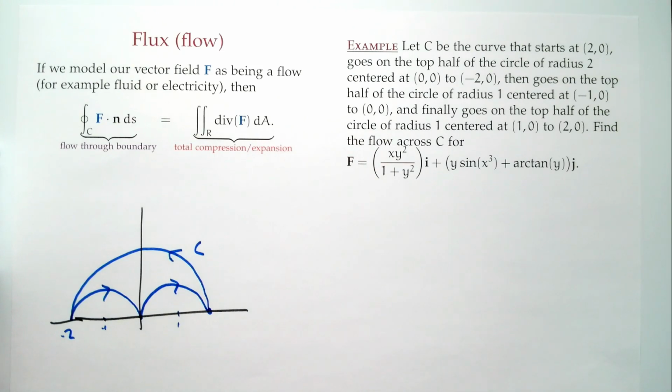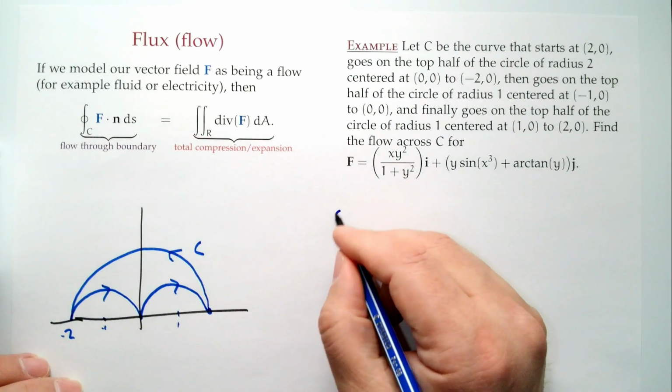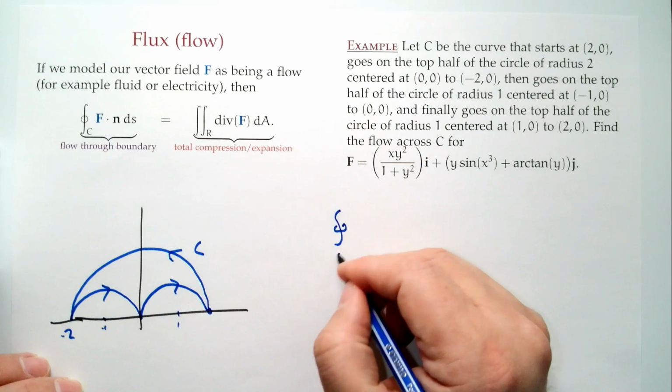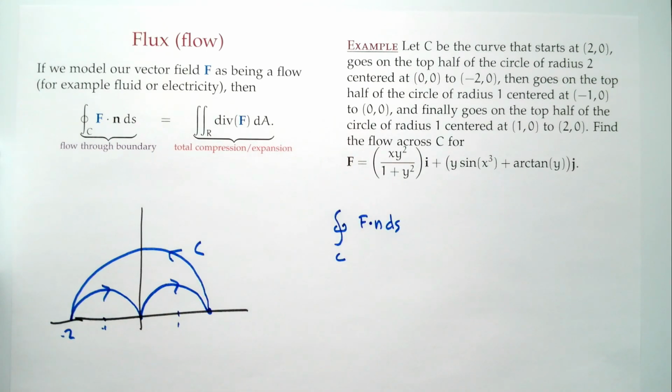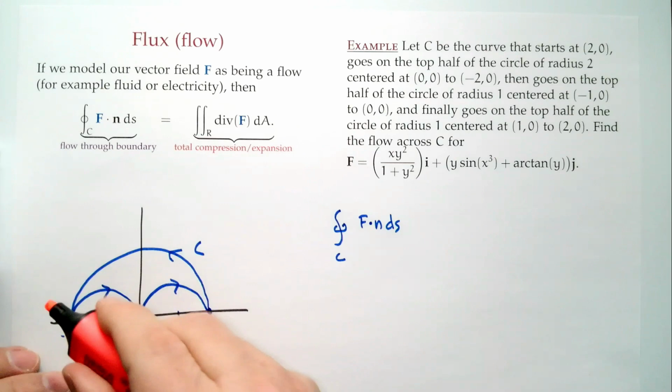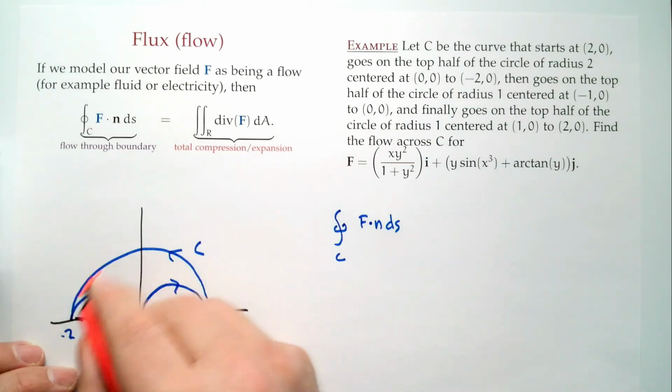Based on what we saw, if I want to compute the flow, that means I'm going to integrate on the curve F dot n ds. But almost always in problems like this, we ask, is there a better way?